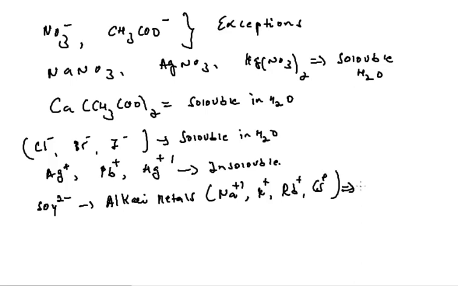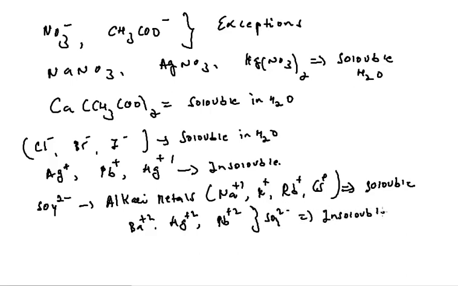Any alkali metal mixed with sulfate will be soluble in water. But when certain elements like barium, mercury or lead are mixed with sulfate ion, it is going to be insoluble. Sodium sulfate is a good example; it forms an aqueous solution. If you have lead sulfate, PbSO4, it's going to be insoluble.